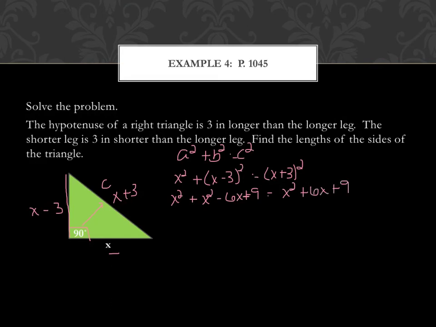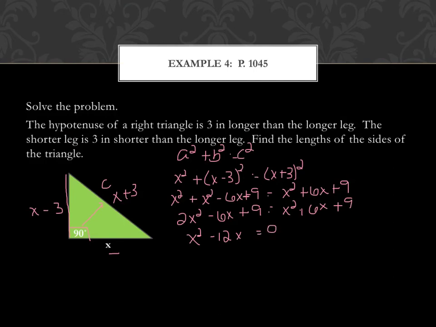And then we're going to simplify everything and get it all equal to 0. So this side will be 2x squared minus 6x plus 9, and then subtracting x squared would give me 1x squared. Subtracting 6x would give me minus 12x, and subtracting 9 would give me 0.